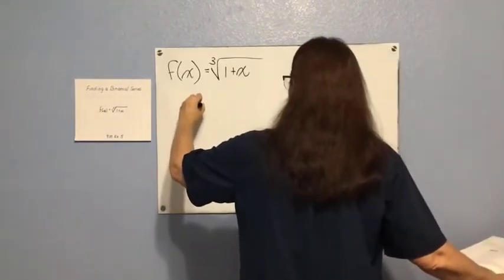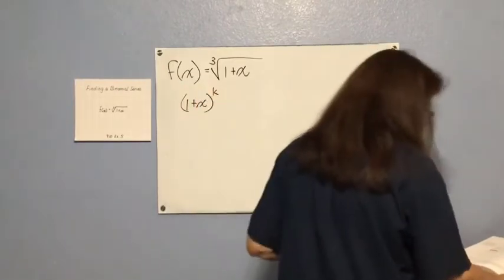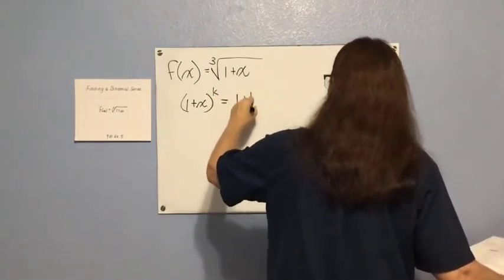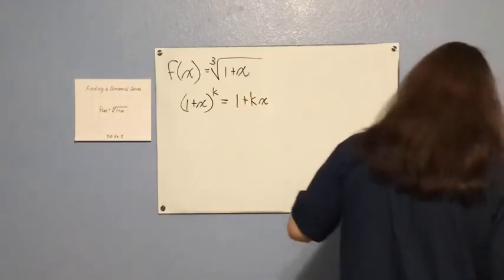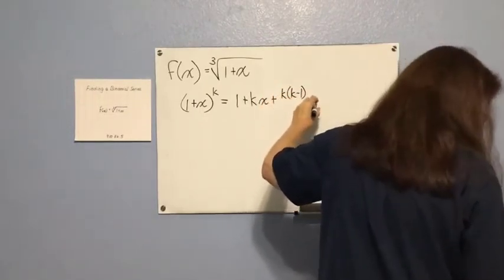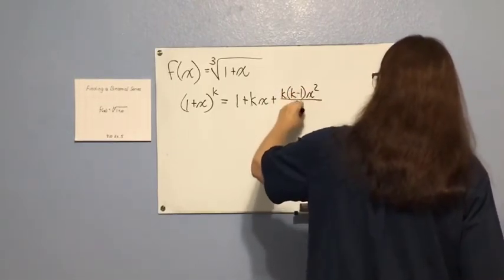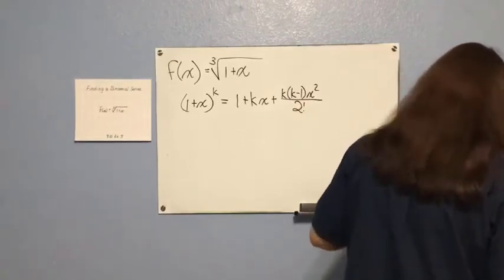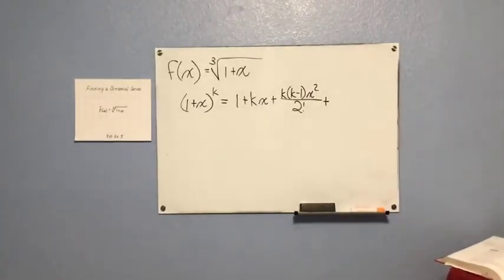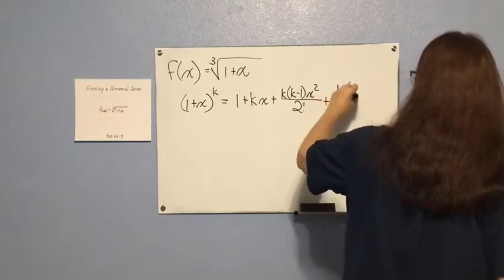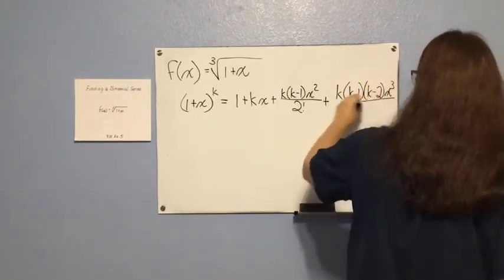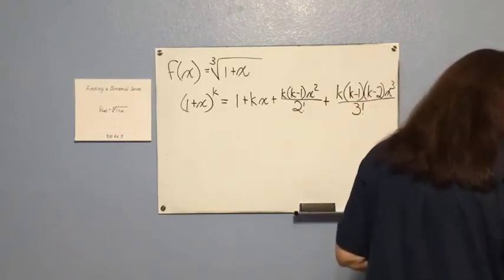I've got 1 plus x to the k power is equal to 1 plus kx plus k times k minus 1 x squared over 2 factorial, plus k times k minus 1 times k minus 2 x cubed over 3 factorial, and so on.